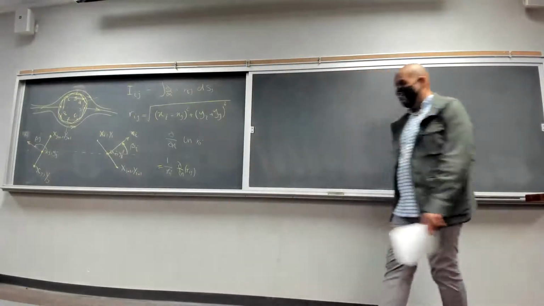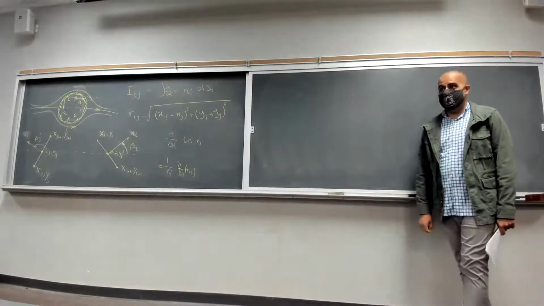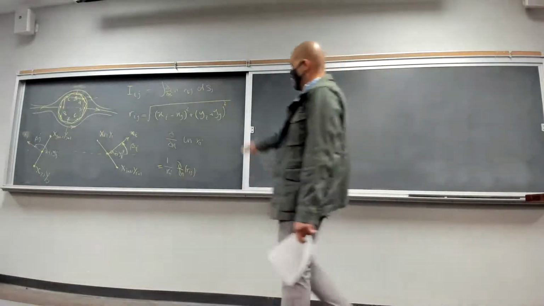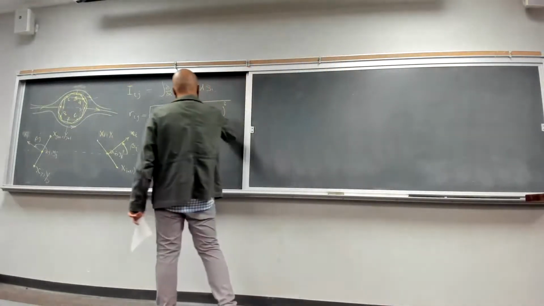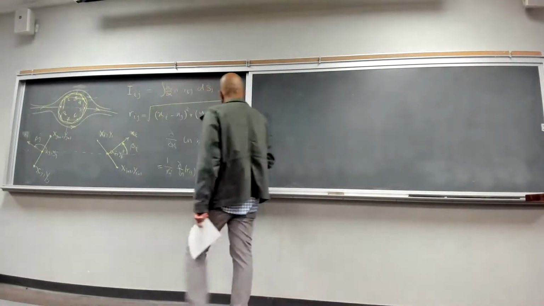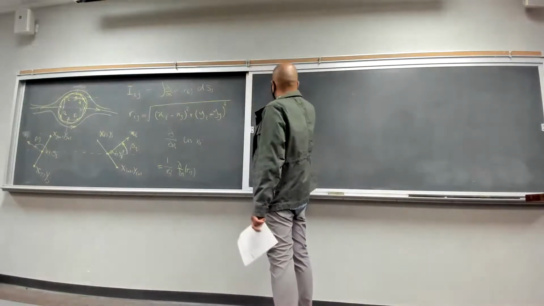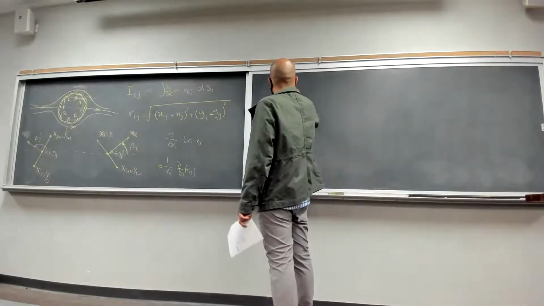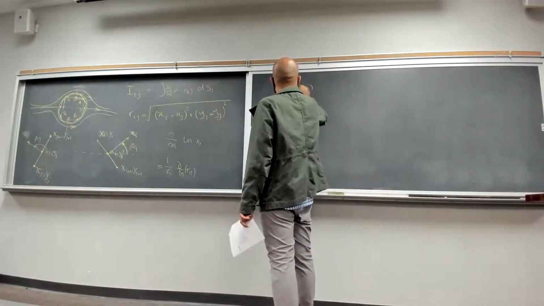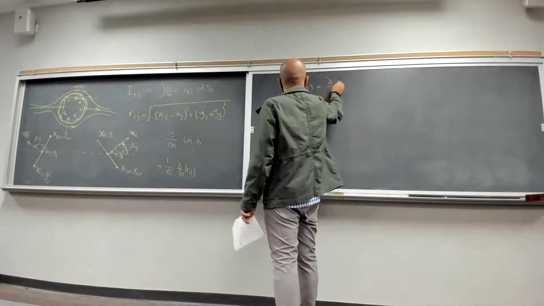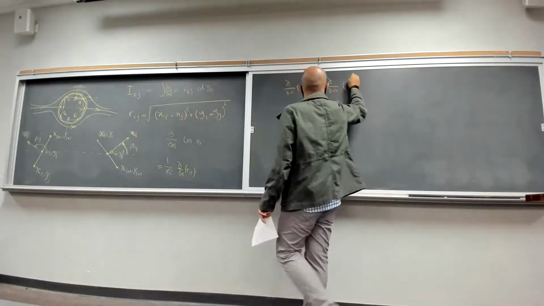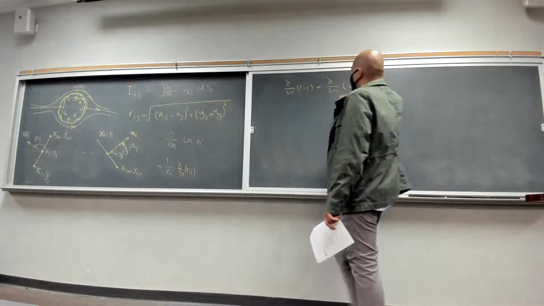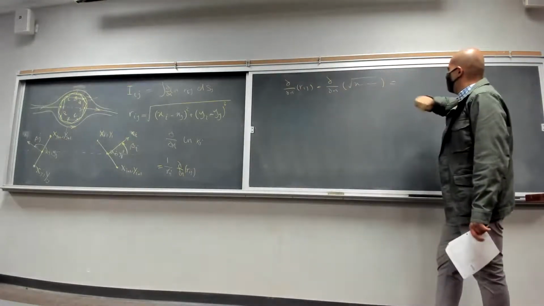So what is the derivative of Rij with respect to n? That's the derivative of a square root, right? Rij is the square root of whatever value we have over there.